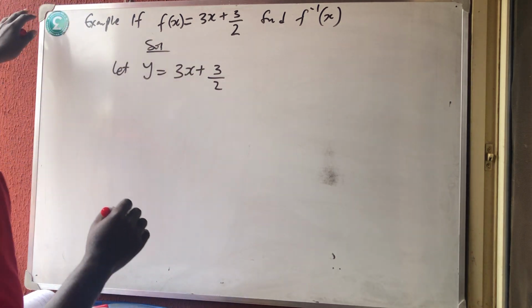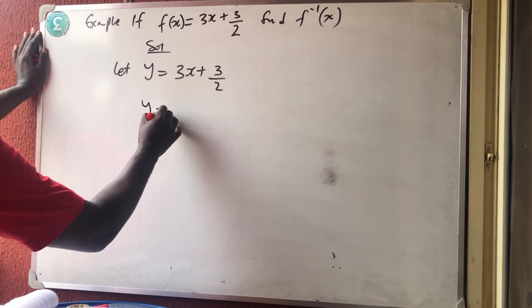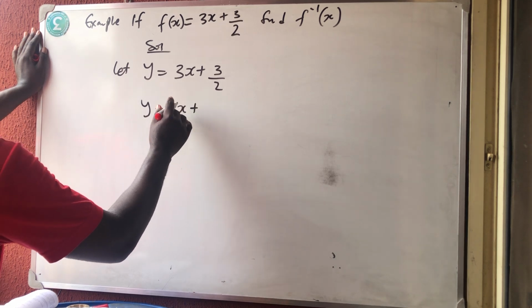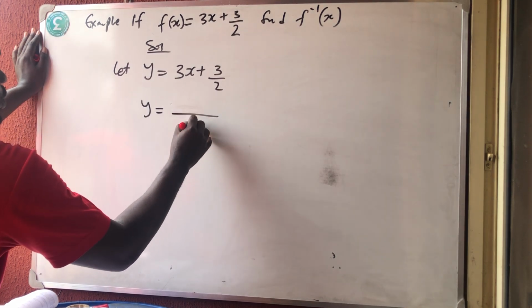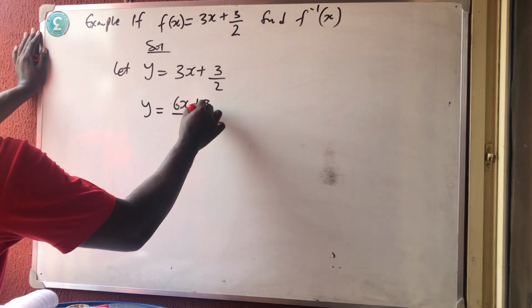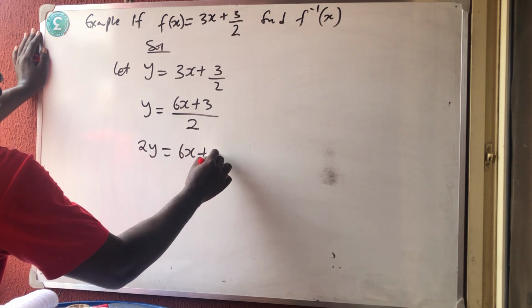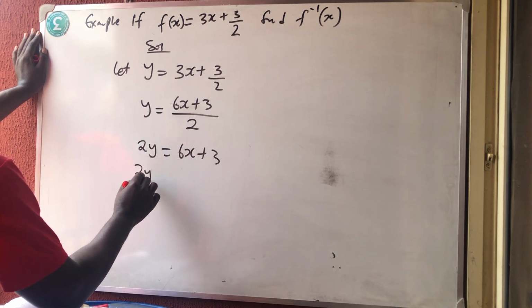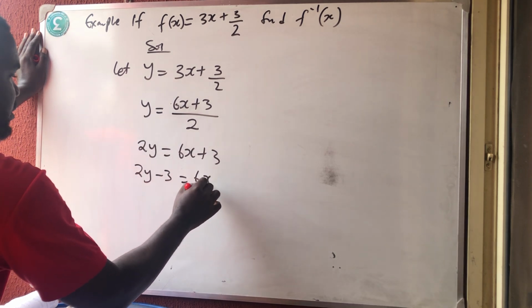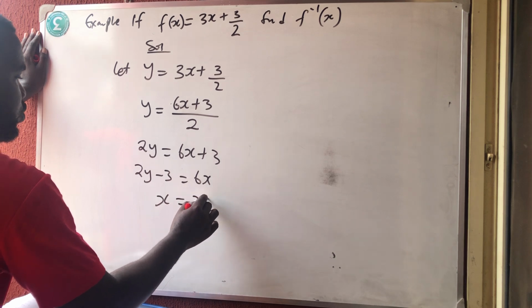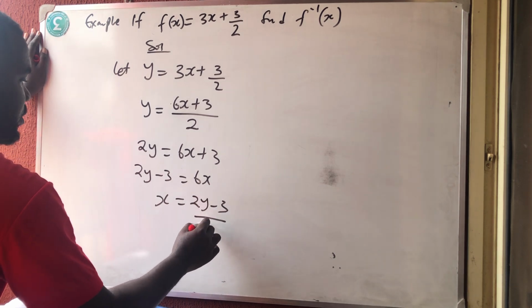If you make x the subject of the formula, I'm going to have y is equal to 3x plus 3 over 2, LCM is 2, I have 6x plus 3. So cross multiply to have 2y is equal to 6x plus 3. So I'm going to have 2y minus 3 is equal to 6x. So x is equal to 2y minus 3 all over 6.